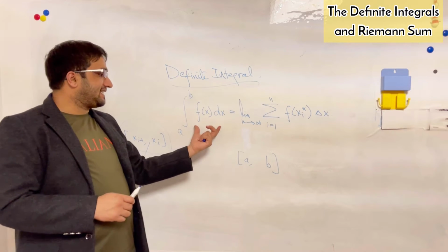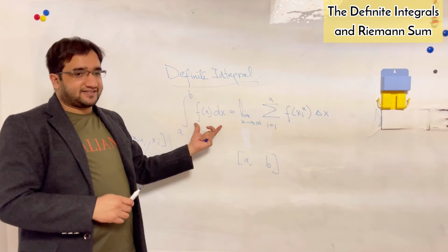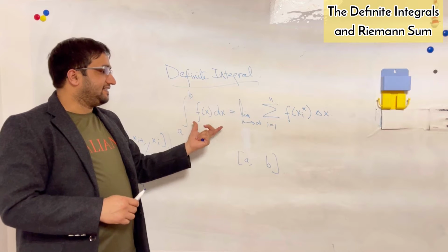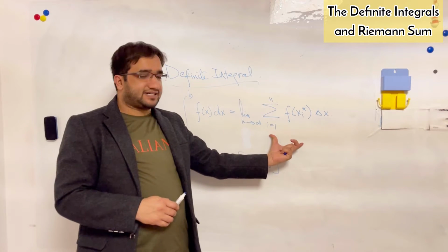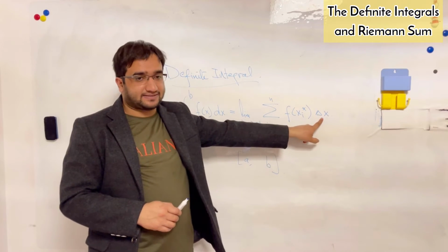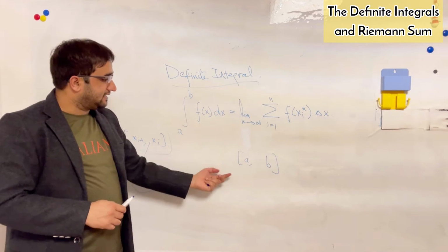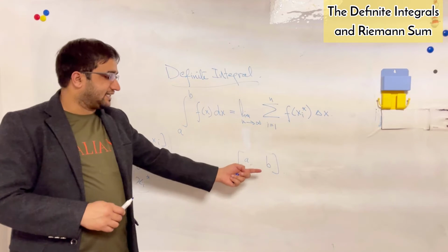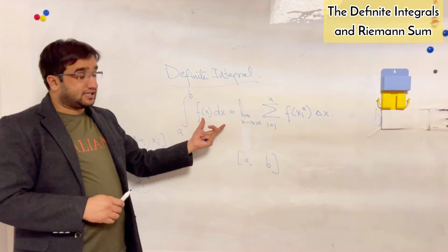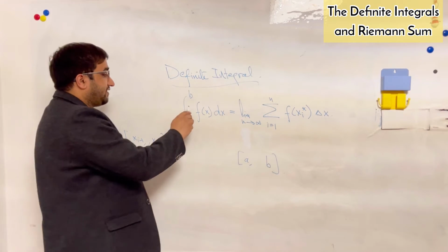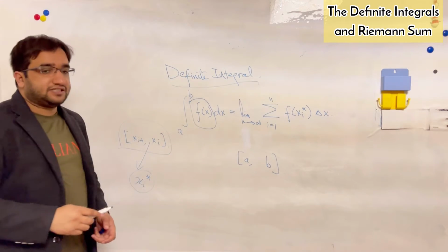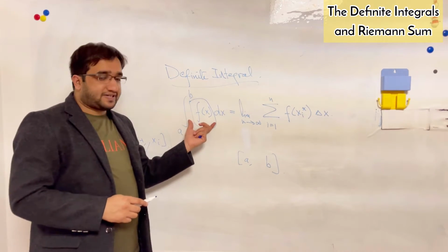But in this case, the margin of error is less. In the Riemann sum case, the margin of error depends on delta x. Here, you only apply the limit for the initial point and the final point in the function, but the condition is that this function should be continuous. This function should be differentiable.